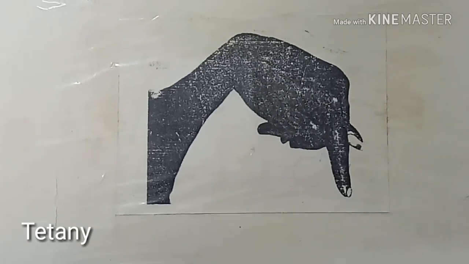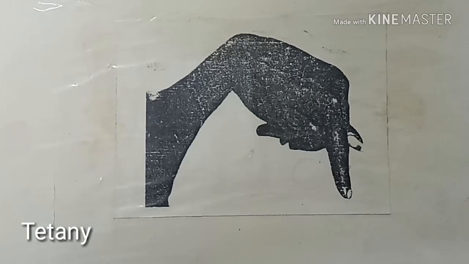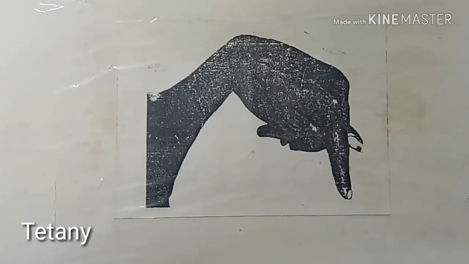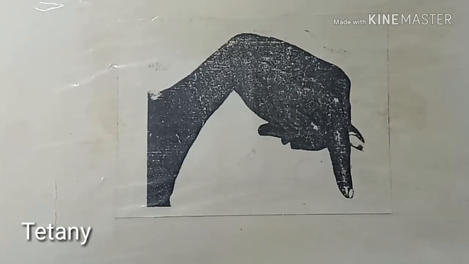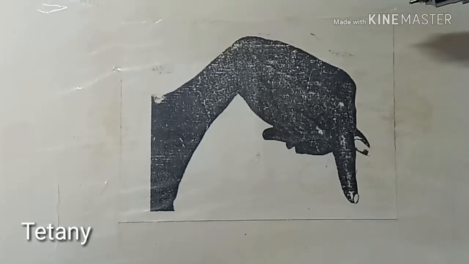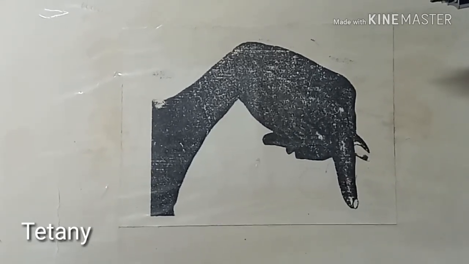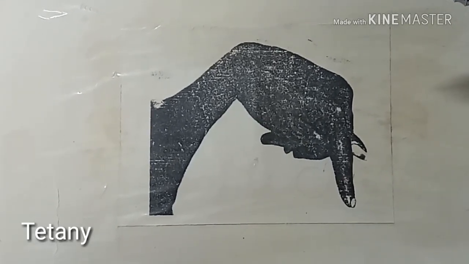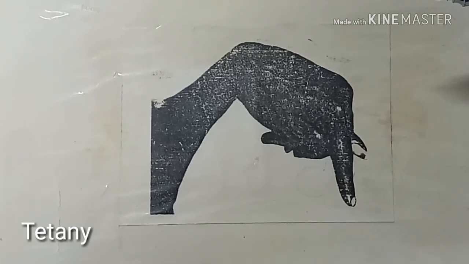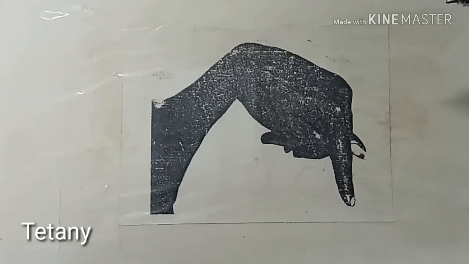Clinical features. Tetany may be latent or manifest. In manifest tetany, one of the important symptoms, that is carpopedal spasm. Here you can see this is the photograph showing carpopedal spasm. The hands in the carpopedal spasm adapt a peculiar posture in which there occurs flexion at the metacarpophalangeal joint.